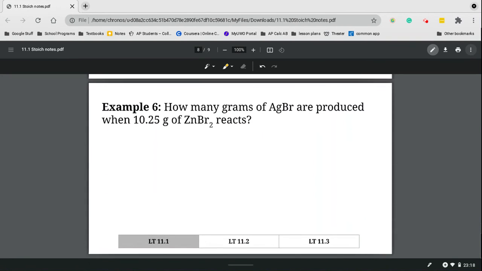And then our last example. How many grams of AgBr are produced when 10.25 grams of ZnBr2 reacts? So again, we're going to have to go from grams to moles to grams. And so 10.25 grams ZnBr2.